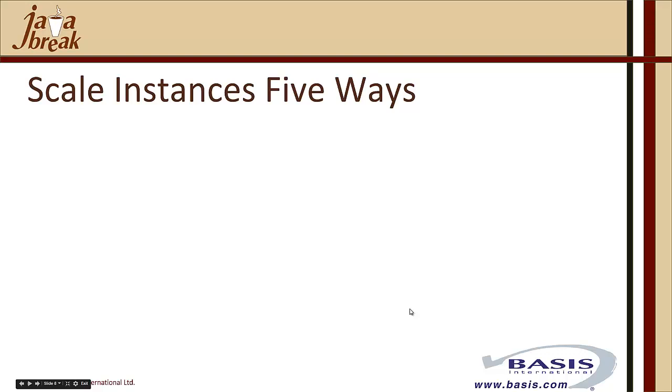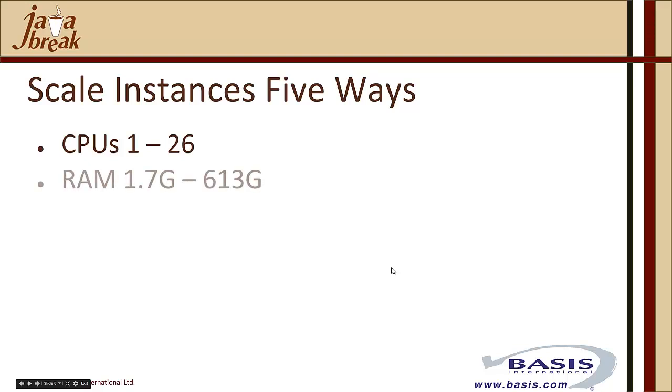We talked earlier about the importance of scalability. We're going to talk about the 5 different ways that these can be scaled right now. Machines are available with CPUs from 1 to 26. They're available with RAM of 1.7 gig or so, up to about 613 gig of RAM.